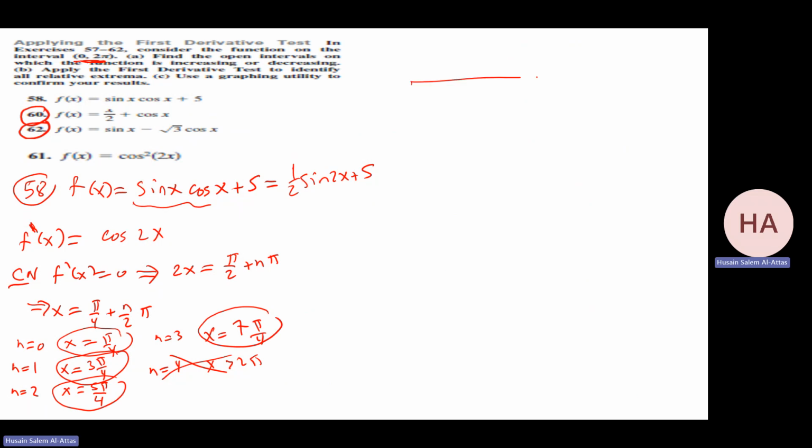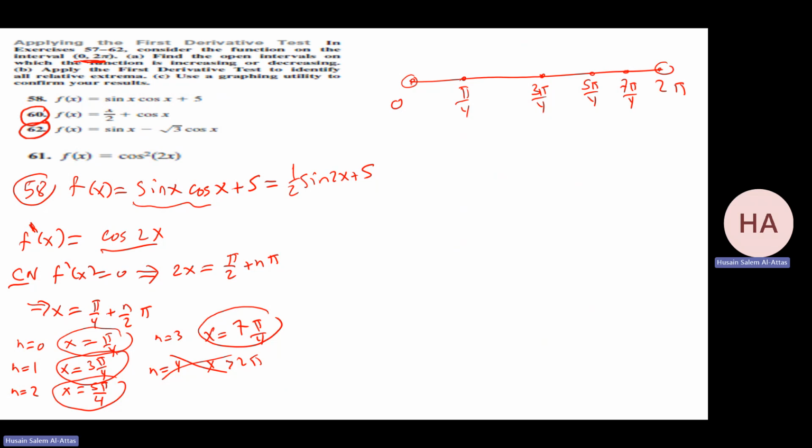So now I plug them here, and I'm working from 0 to 2 pi. So I'll put pi over 4, 3 pi over 4, 5 pi over 4, 7 pi over 4. Don't forget, I'm working with what? Cosine 2x. I need just to check the quadrant.